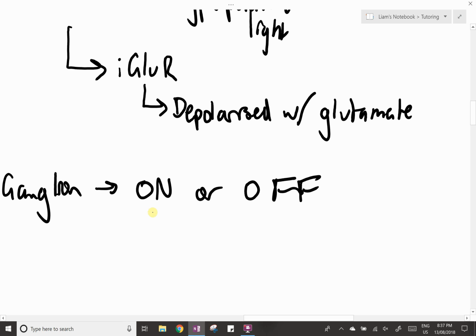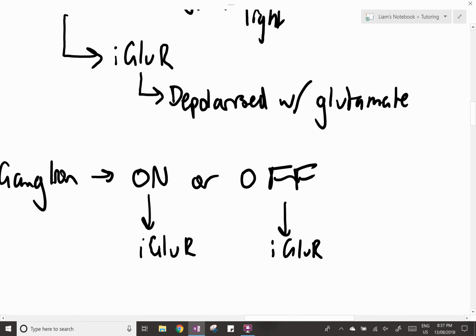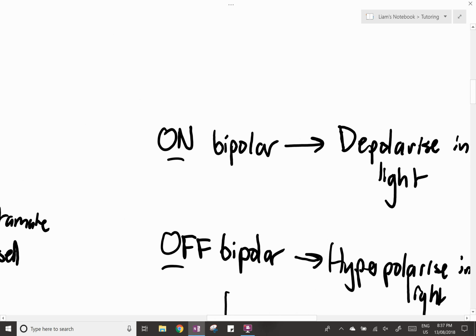These both have the ionotropic glutamate receptors. So basically, if we're following the course of the on ganglion cell, so the rod cell in the presence of light stops releasing glutamate.